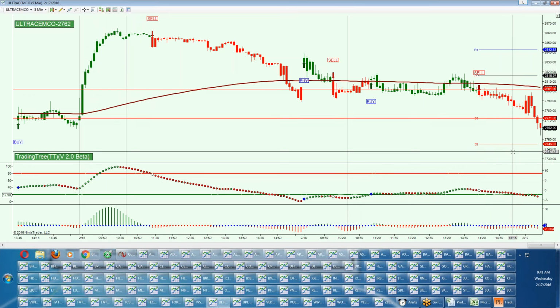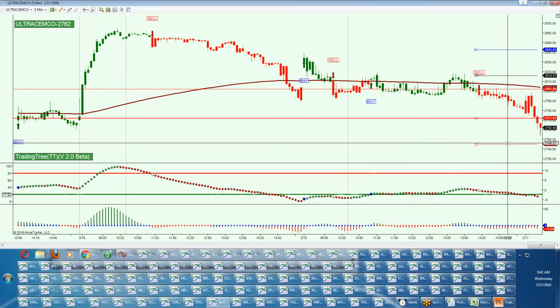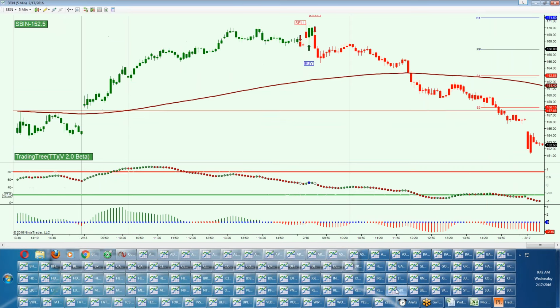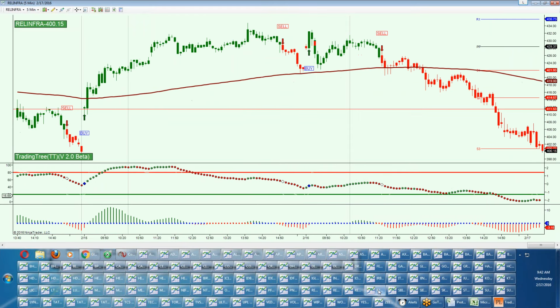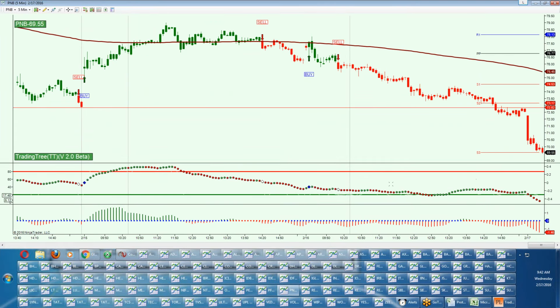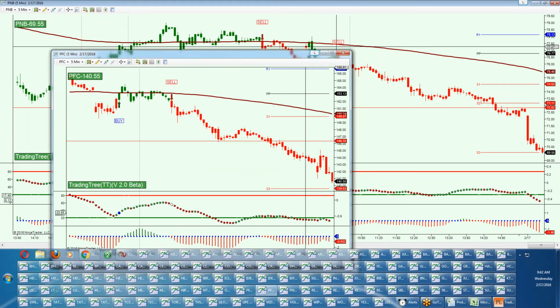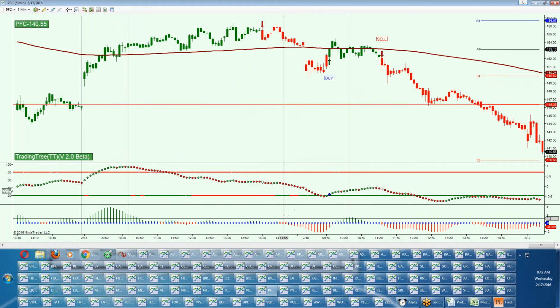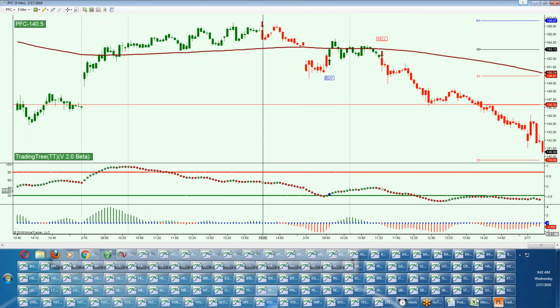So next target for this will be 2746 for Ultratech Cement. PNB has done its first level of target. UFC will get a sell call here.